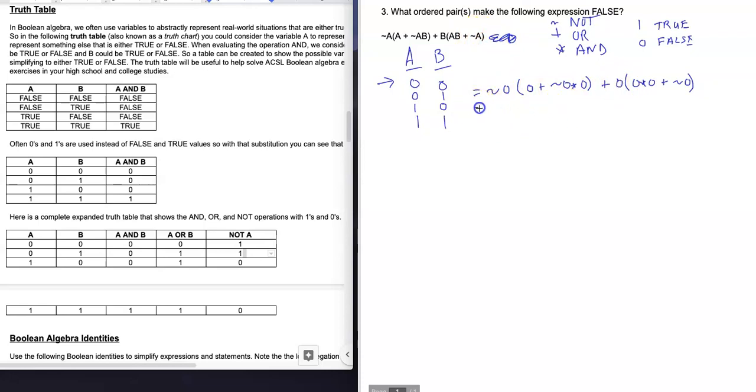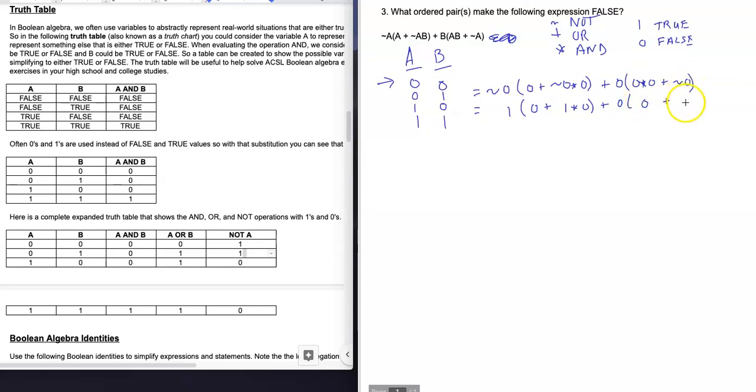I'm going to go a step further and simplify parts of it. The opposite of false is true, so that's represented by a 1. I have 0 plus the opposite of that 0, which is a 1. Rewriting, times 0 plus 0 times, okay, I can do this math. 0 times 0 is a 0 plus, and I'll simplify this.